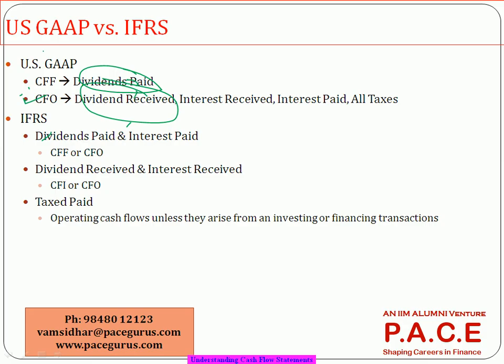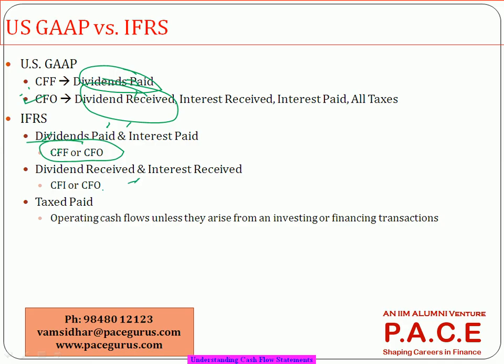For the financing activity, whatever dividend you are paying to your shareholders is treated as a cash outflow from financing activity. But with IFRS, what they have done is, any payment you are treating either as cash flow from financing or operations. Whichever one you are using, you have to mention it in the footnotes. You can represent them in CFF or CFO, but that has to be mentioned in the footnotes.